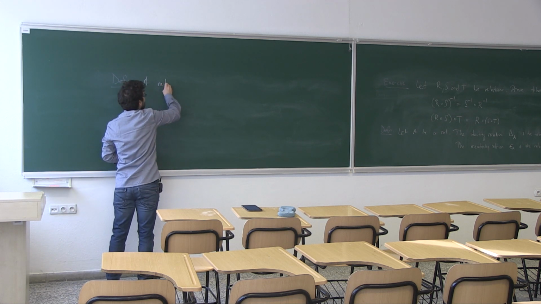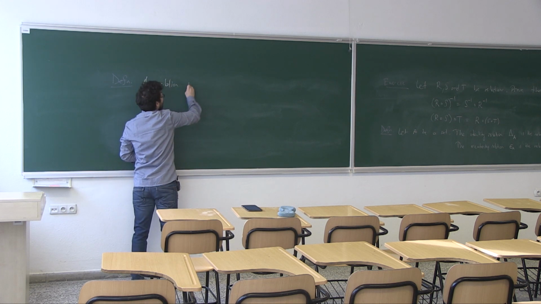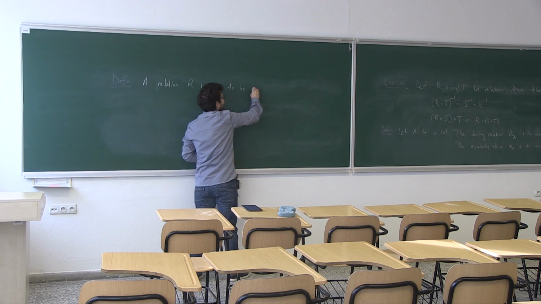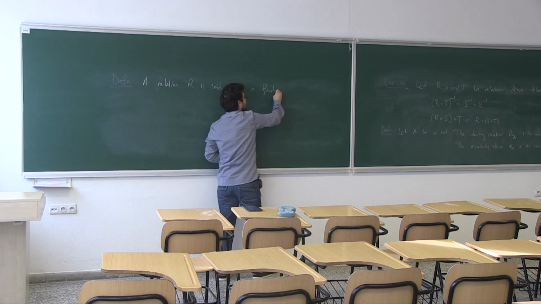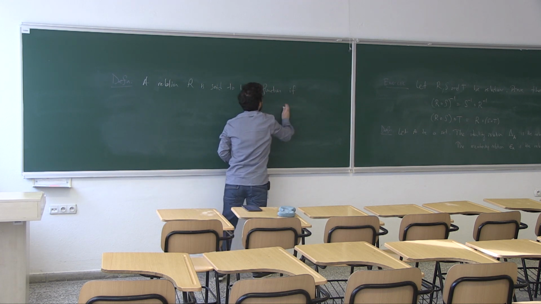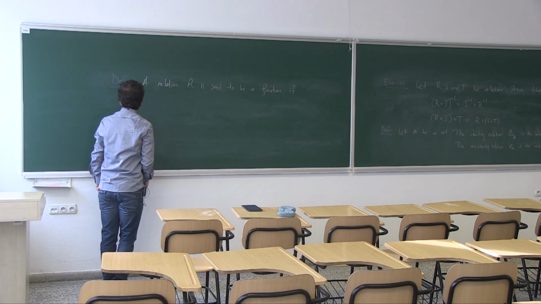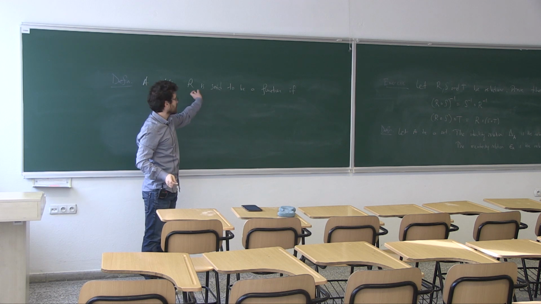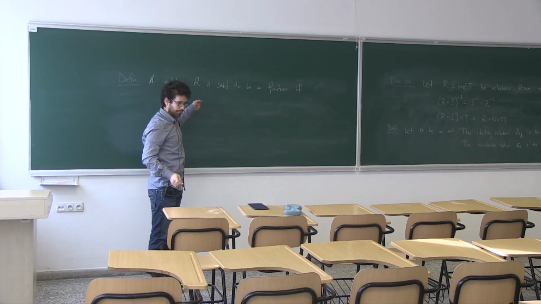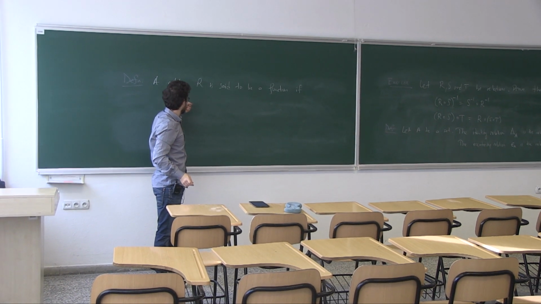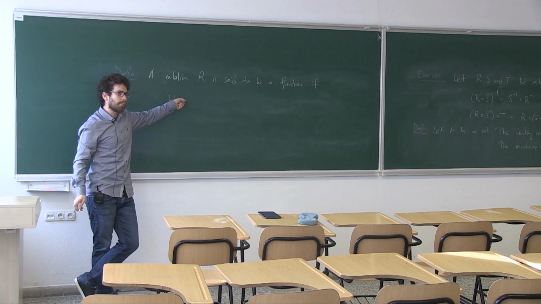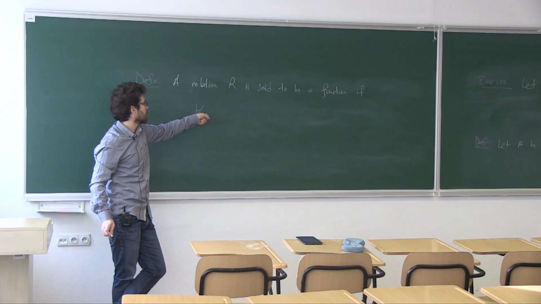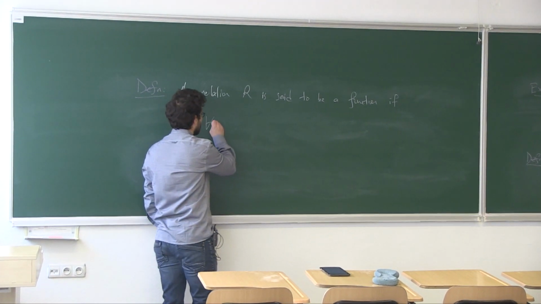A relation R is said to be a function if, now, I was planning to write down some English phrase, then write it in informal logic, but I'm going to skip the English phrase and I'm going to write down the definition using logical symbols.